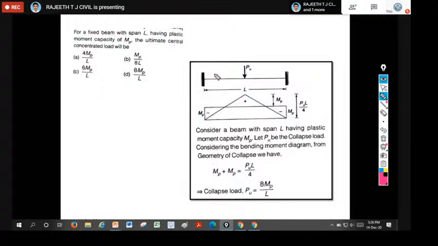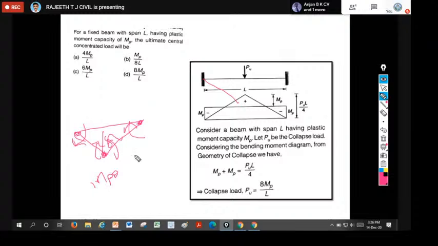Otherwise, for the same problem, you can apply the last problem's concept, the propped cantilever concept. There are three possible locations of plastic hinge formation here. So you calculate delta and apply MP to keep the body in equilibrium. Here in all the cases you are going to get MP. You calculate internal work done: MP theta plus MP theta plus MP theta plus MP theta, which is 4 MP theta.